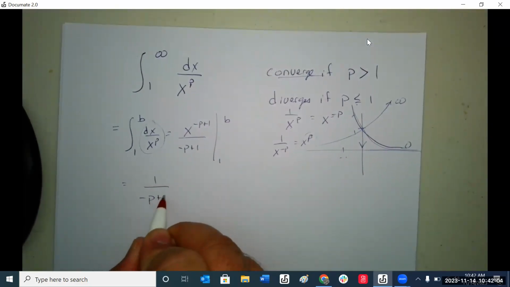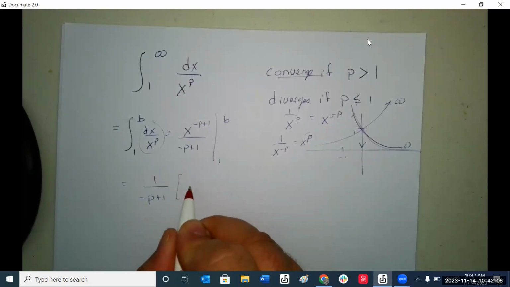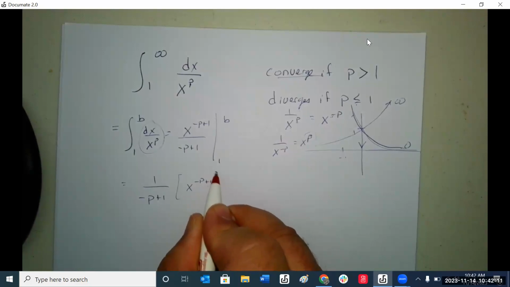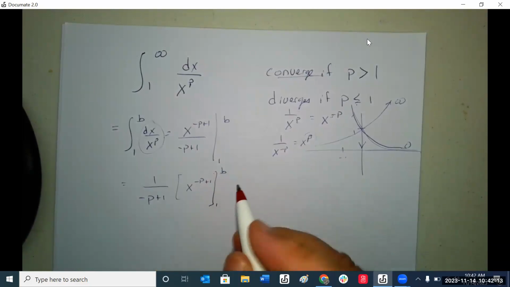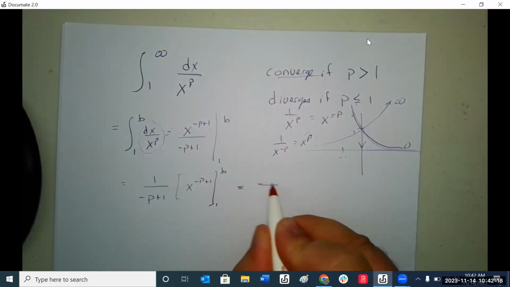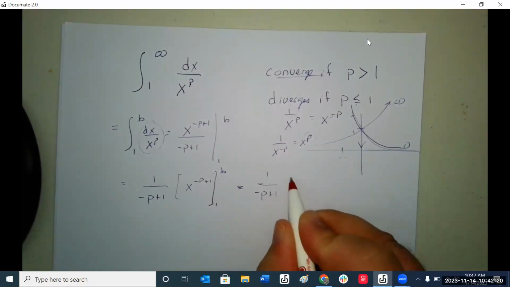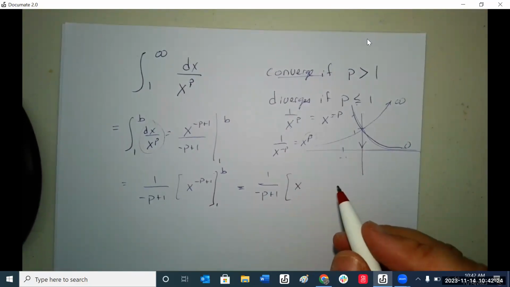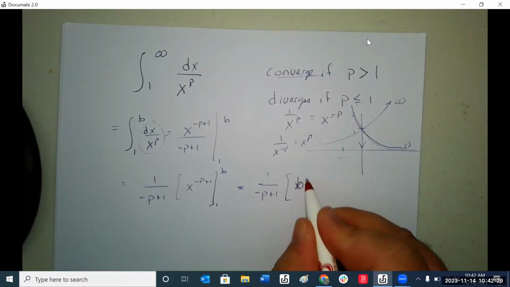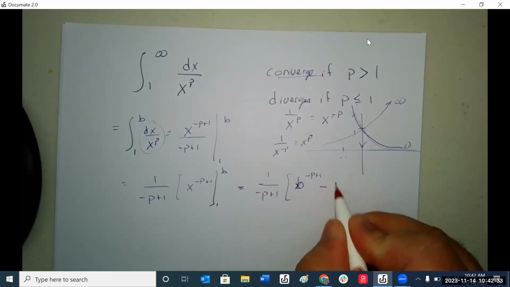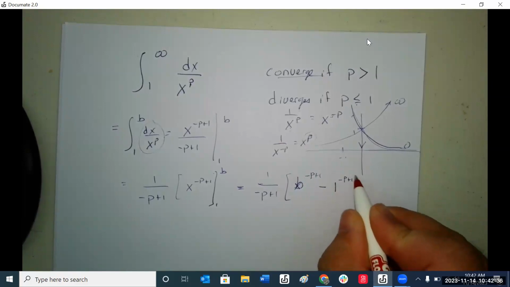So it's b to the negative p plus 1 minus 1 to the negative p plus 1.